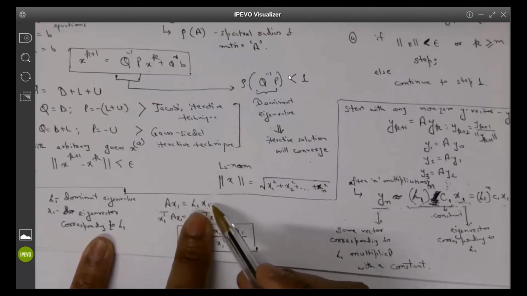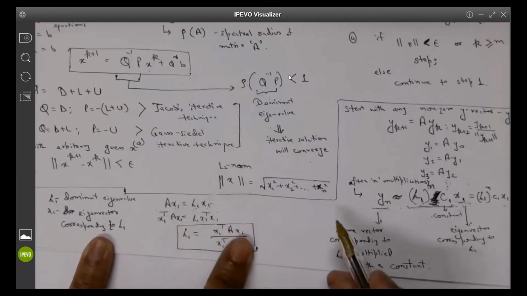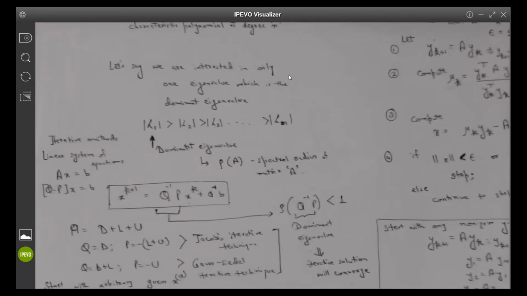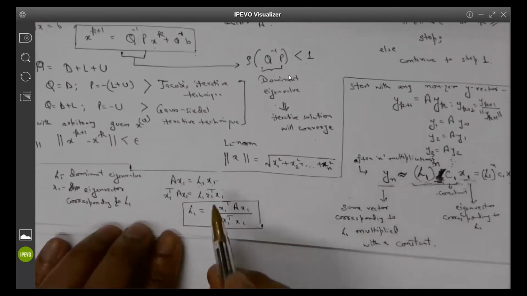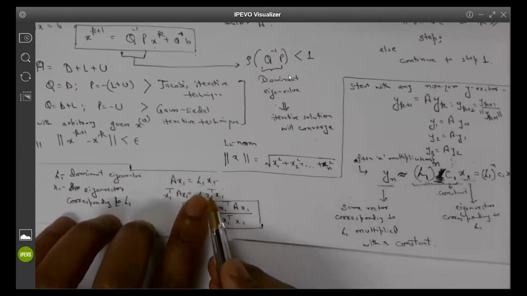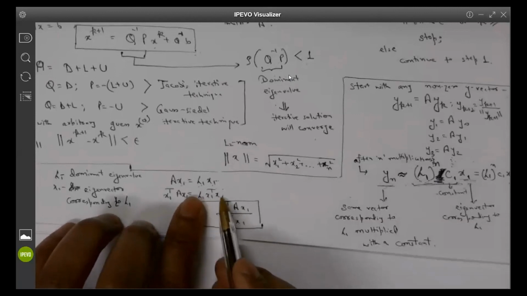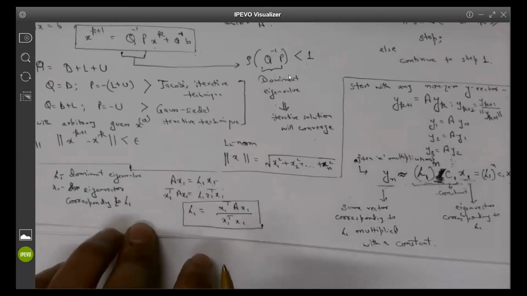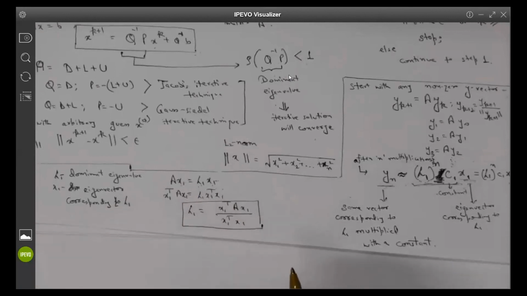Let's say x1 is a 3 by 1 vector. x transpose x basically becomes one number. Now, if this is just one number, then you can take it in the denominator. Otherwise, you cannot. That is the reason we multiply with x transpose on both sides. And once we multiply that, we end up with this number, and that will be your lambda 1.